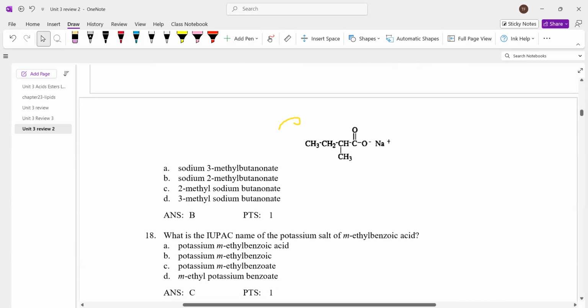Okay, so let's name this guy. Well, first of all, it's got 1, 2, 3, 4. So it's a 4-carbon primary backbone.